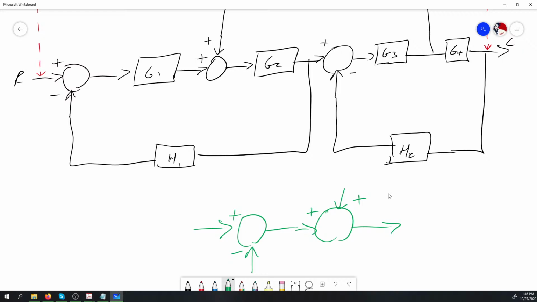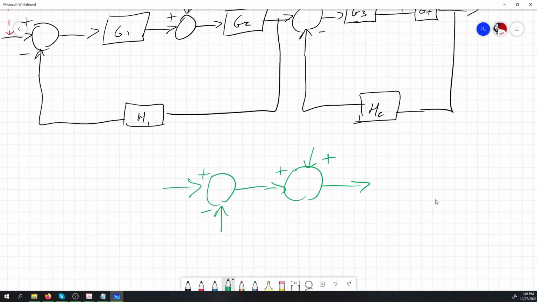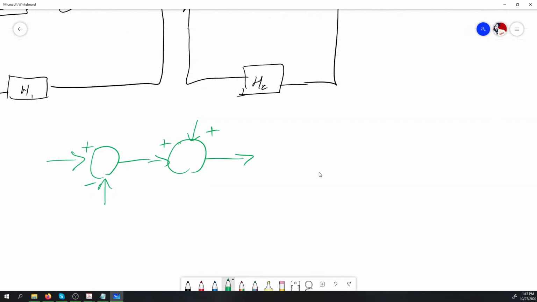It's basically going to give you the same end result. So this is similar to saying, okay, let's start with this summation junction first, and then let's go ahead with the other summation junction afterwards. It's basically the same thing.